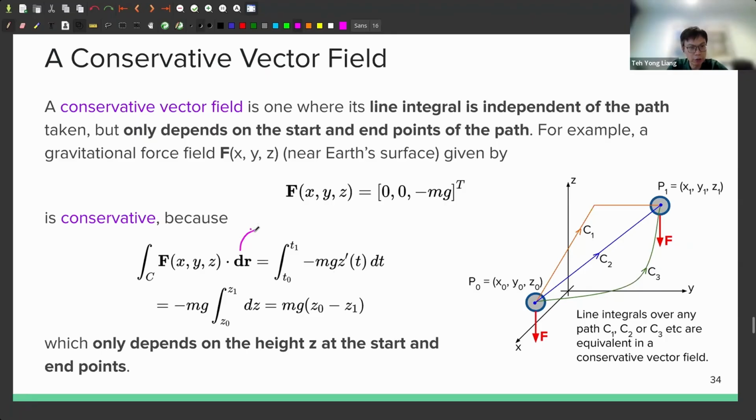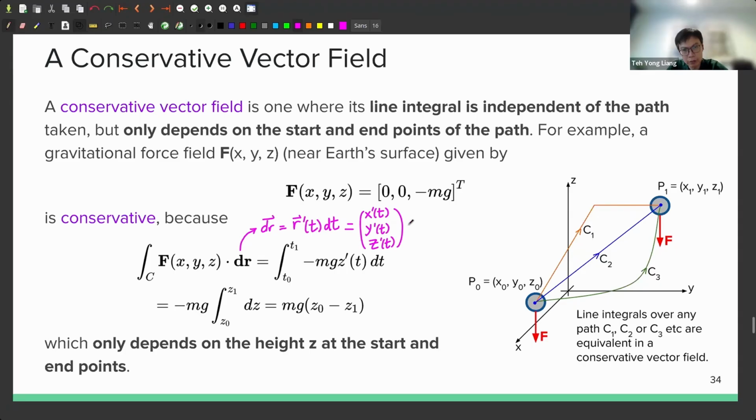Maybe I should have expanded this. So this dr, the displacement vector, is equivalent to r prime dt. Then r prime must be x prime of t, y prime of t, z prime of t. So therefore you see the z prime, because the first two components are zero for the force field.